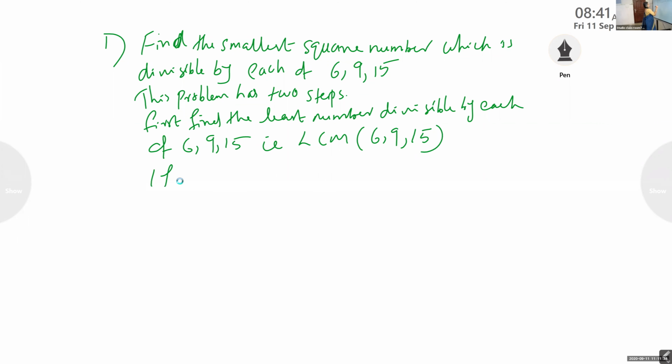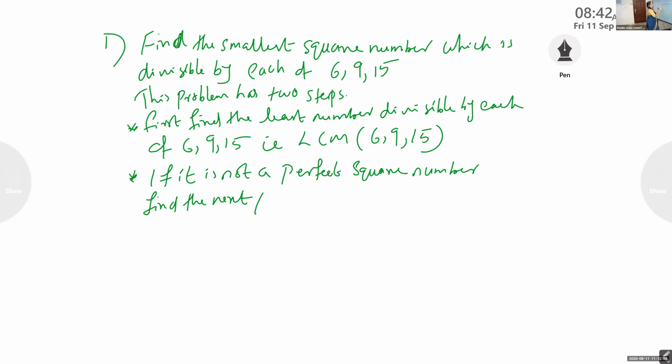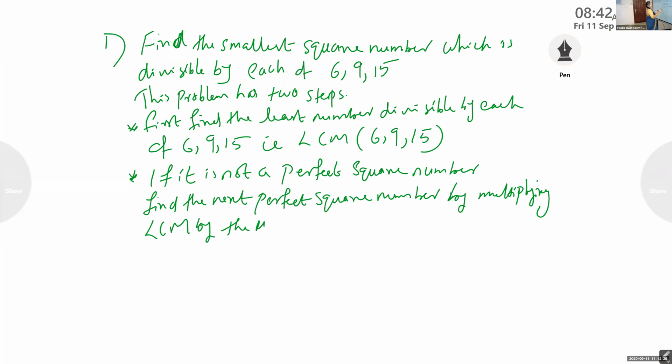Second step, if it is not a perfect square number, find the next square number by multiplying LCM by the unpaired digit.